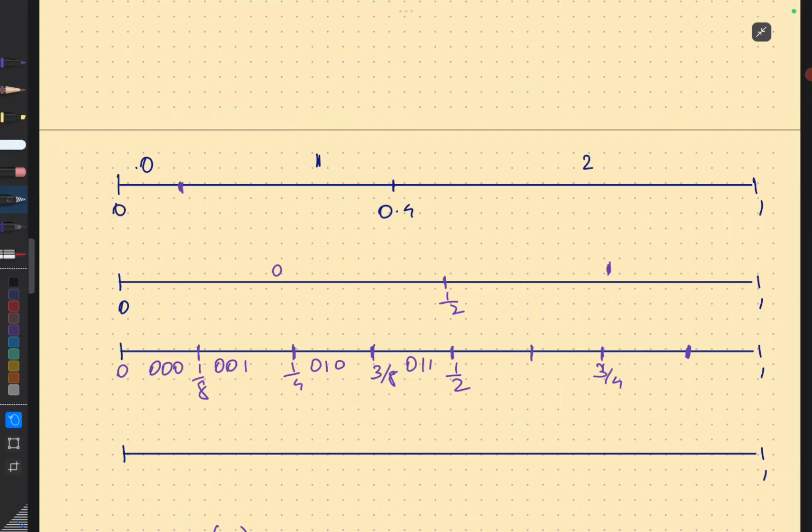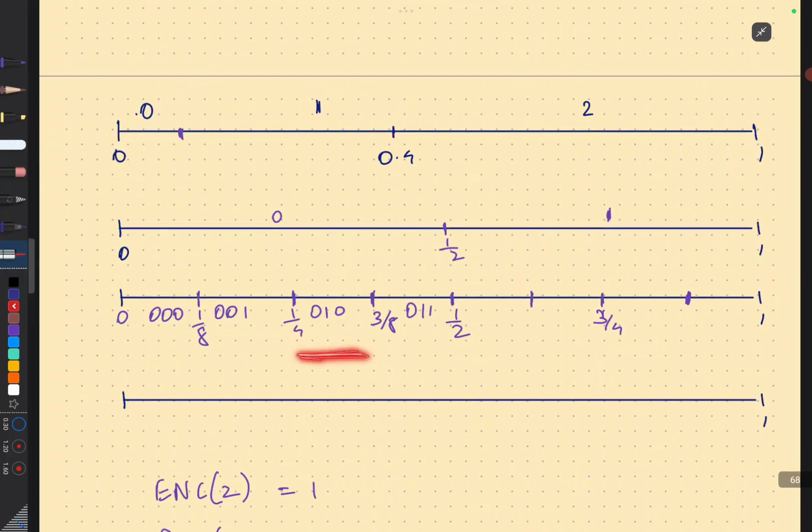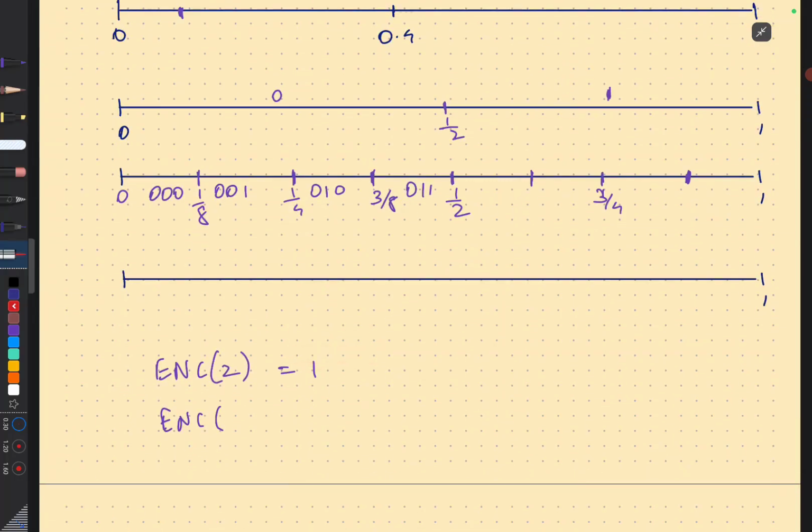So I can choose any one of these. Let's say I choose this to be the interval, as long as I do it in any systematic fashion. This is equal to 0, 1, 0, say.